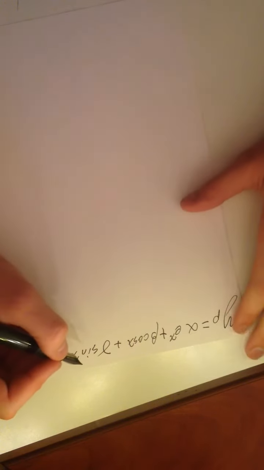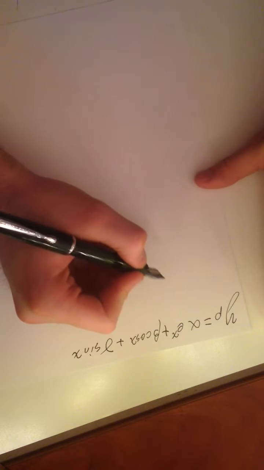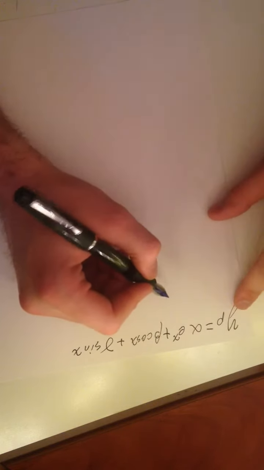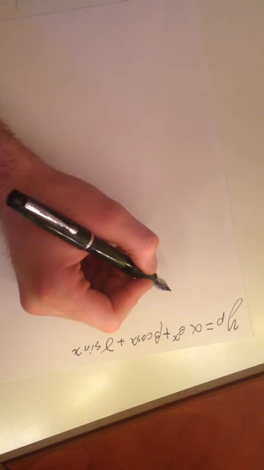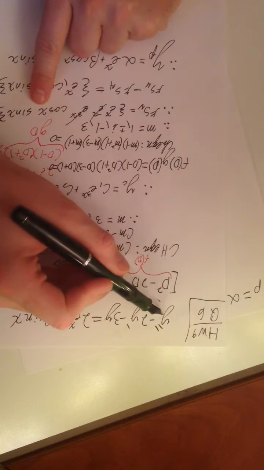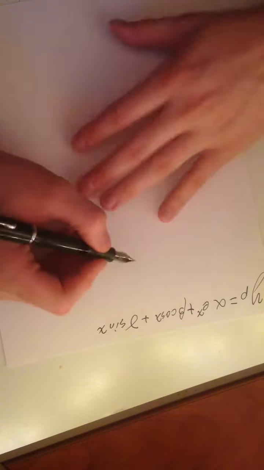To find alpha, beta, and gamma, we're going to plug these back into the original differential equation. To do that, we need to take the derivative of yp, because looking at the original equation, the highest order is y double primed, so we need to take the derivative twice.